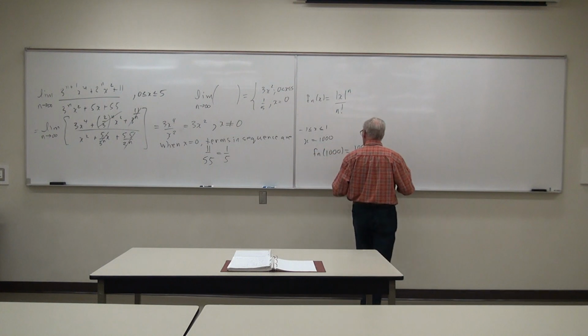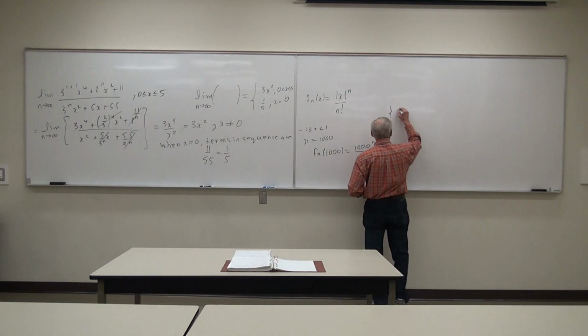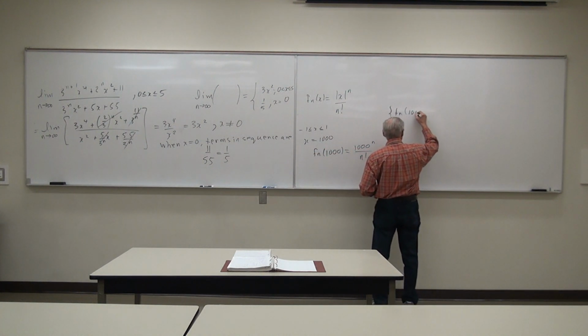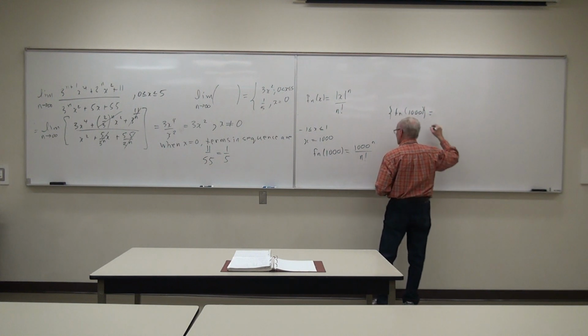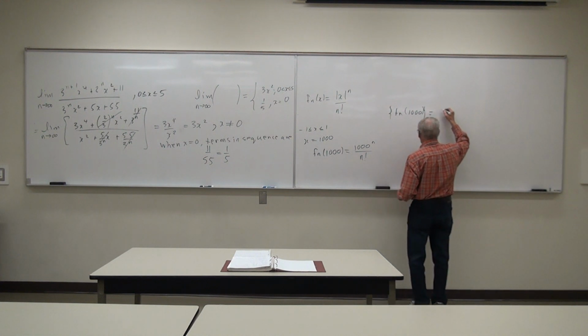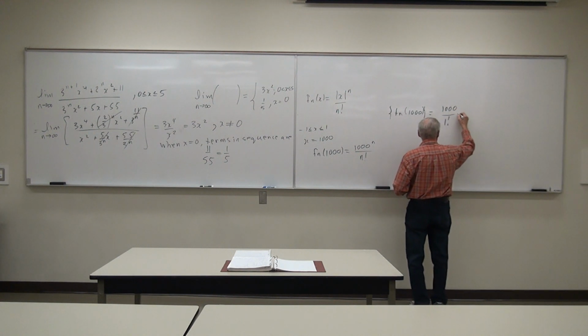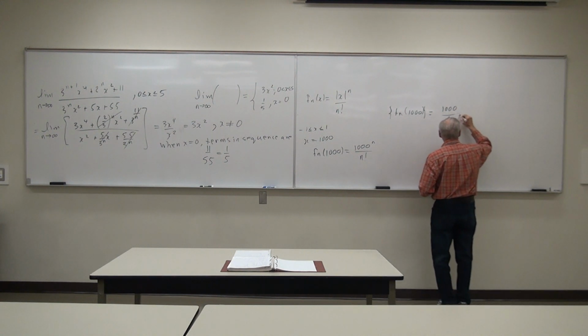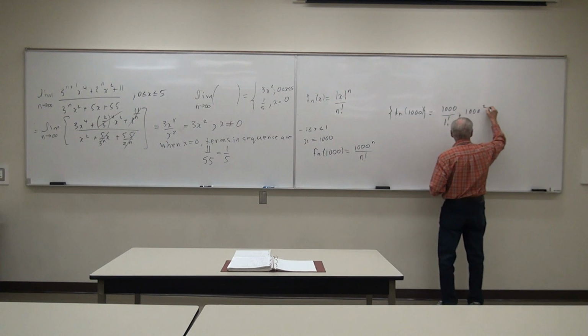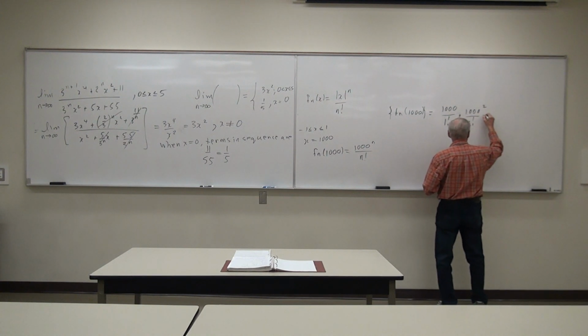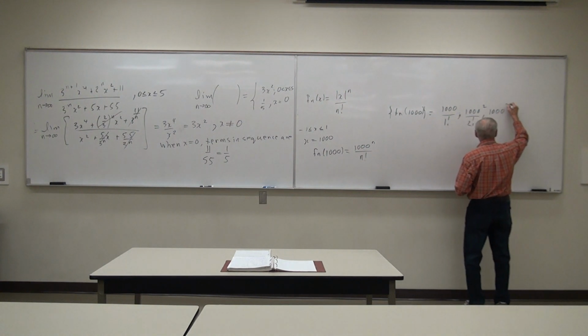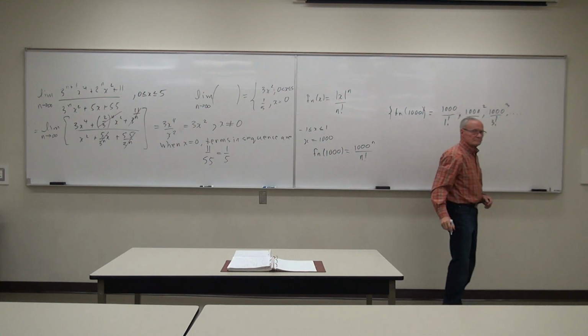Let's write out the terms in Fn of 1,000. The first term is 1,000 over 1 factorial. The next one is 1,000 squared over 2 factorial. Then 1,000 cubed over 3 factorial. And on they go.